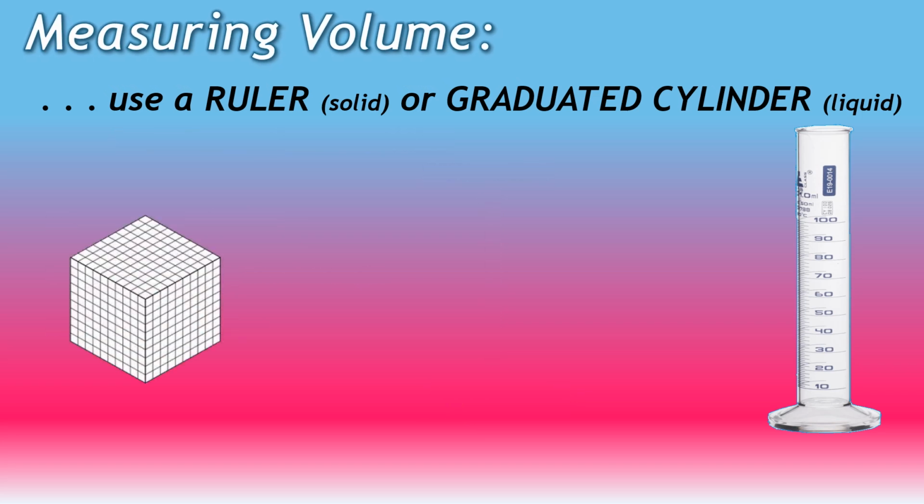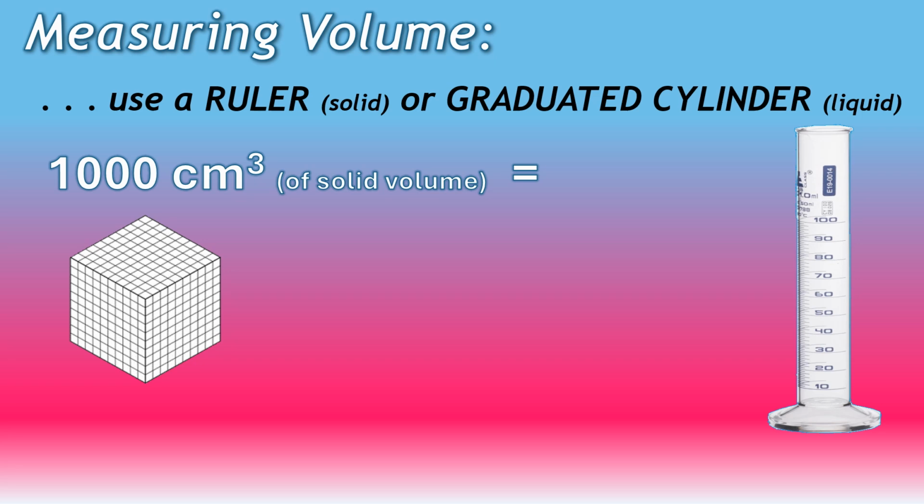Now, an interesting wrinkle comes if we compare the kind of measurements that we can make of a solid with a ruler with the things that we measure of a liquid with the graduated cylinder. Here we have a cube, and you'll notice this cube is made of a whole bunch of tinier cubes. In fact, in this particular cube, each side is 10 tiny cubes long, so 10 times 10 times 10 gives us 1,000.